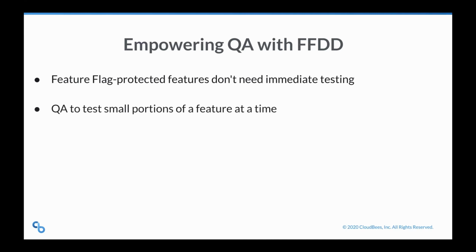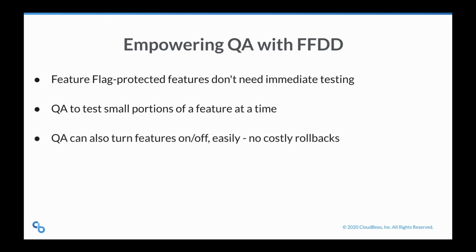Your QA team can test small portions of the feature at a time. So you can tell the feature flag, hey, I want to give access to the QA team. QA team can log on to production and look at the feature without anyone else having access to that feature.